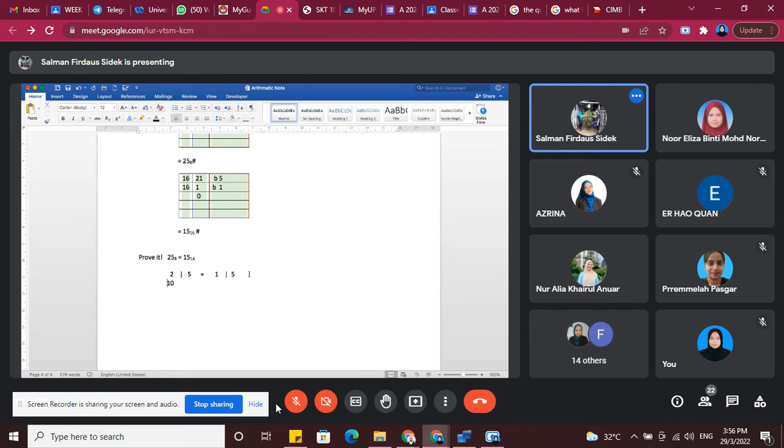Untuk total? 3. So kita tambah apa lagi? 0, 010. Pandai.